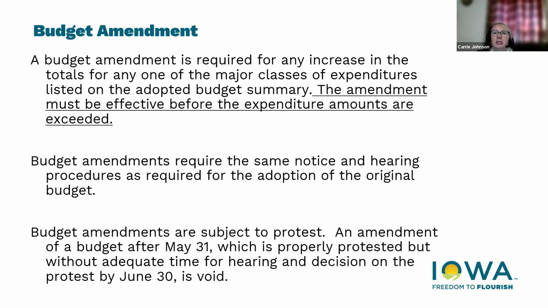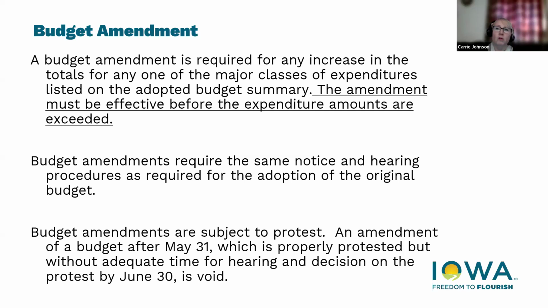A budget amendment is something you do in the current year, and it's required if, say, you budgeted to expend $1 million in the public safety class, and you realize, oh no, we need to purchase a new vehicle for the sheriff's department that we didn't budget for. Something comes up.